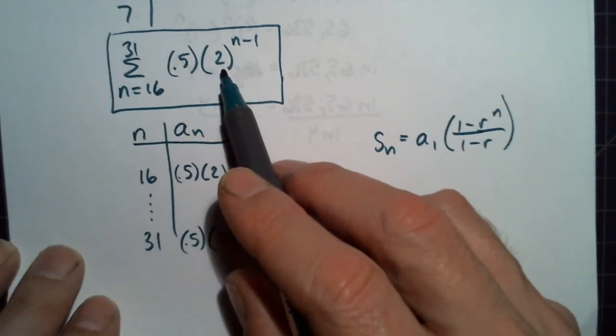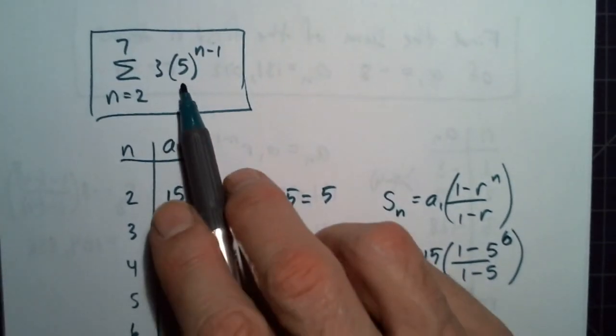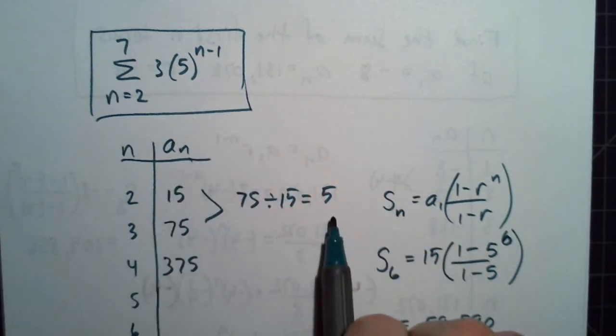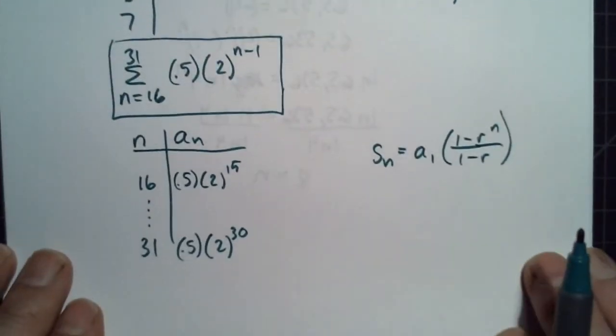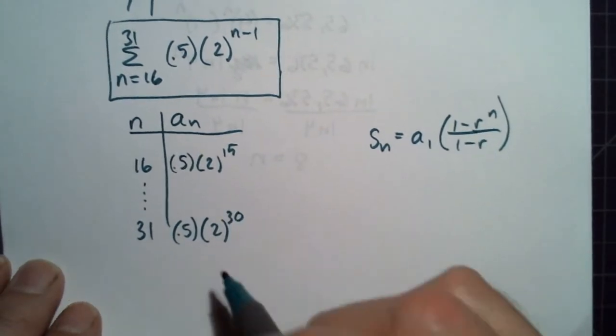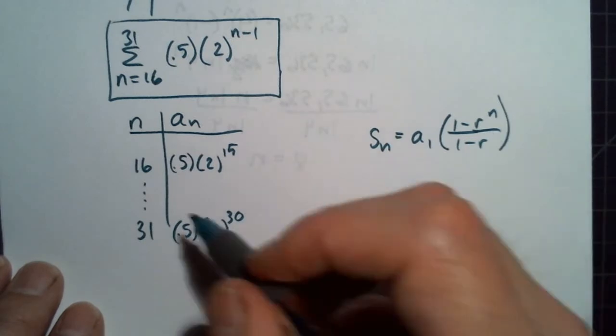So there's the common ratio, and we saw that up here too, that the base of the exponential is the common ratio. So we know r, we know the first term. All we have to do is figure out how many terms there are.